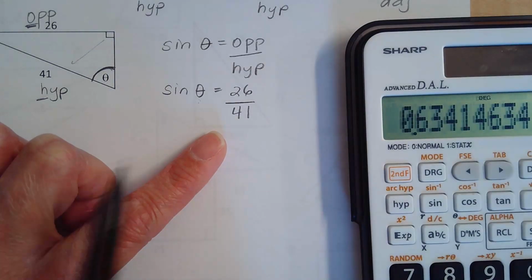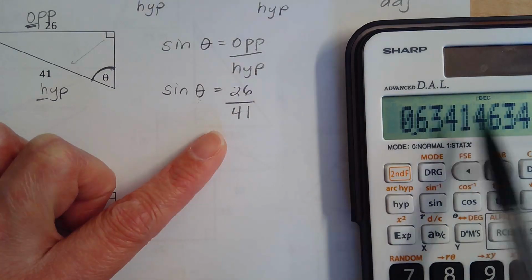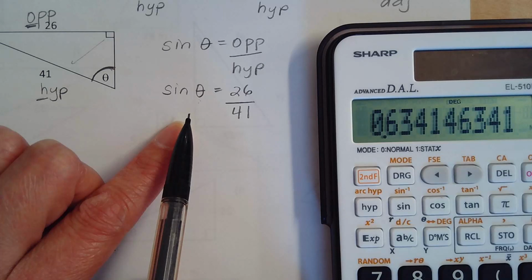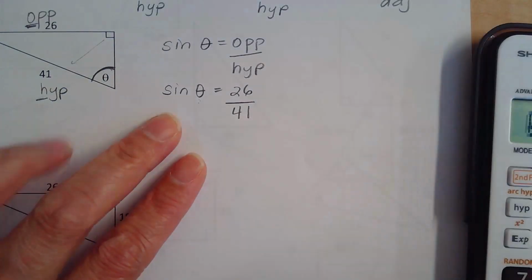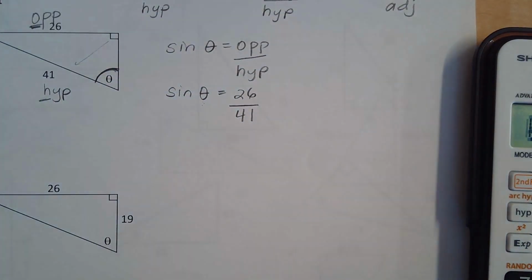Okay, 0.63. Leave that information on your screen. 0.6364. Okay. So just take a look at what I'm gonna do for now.